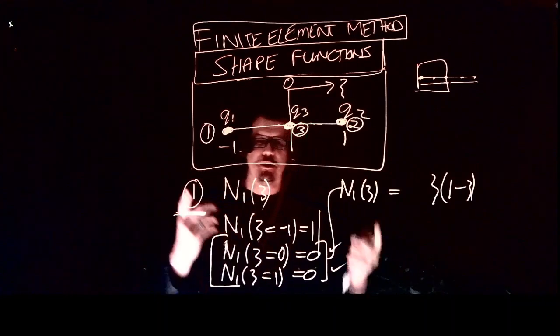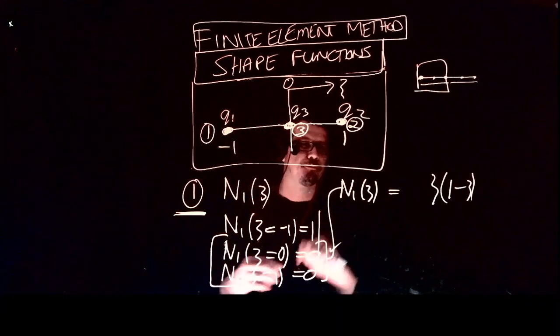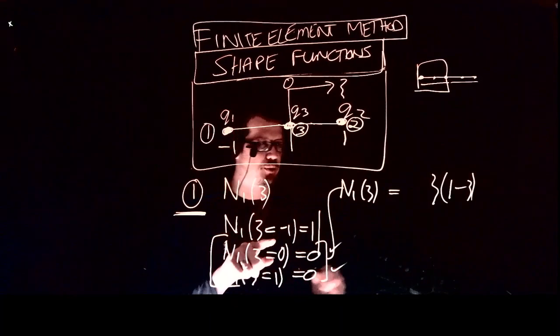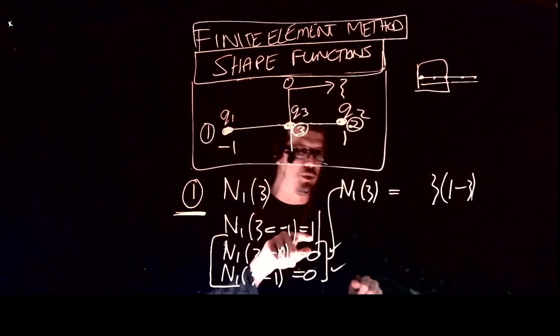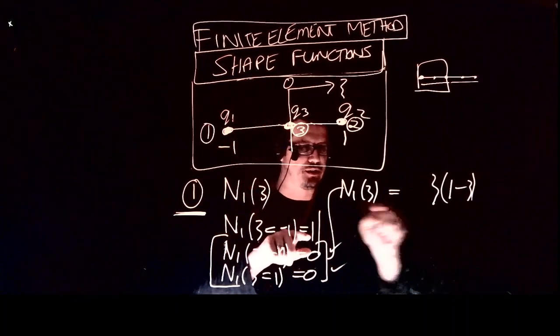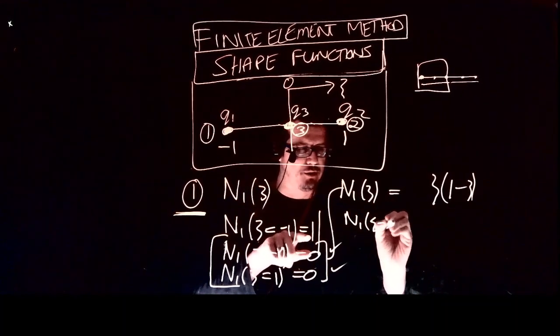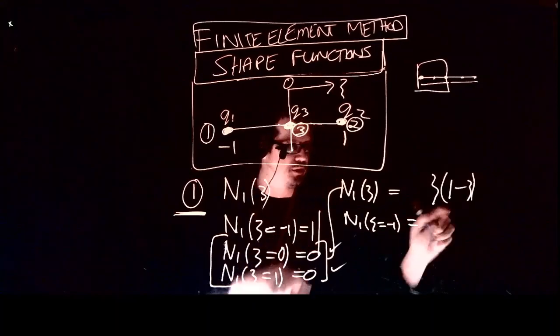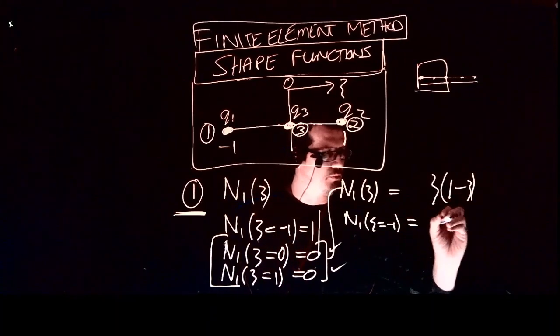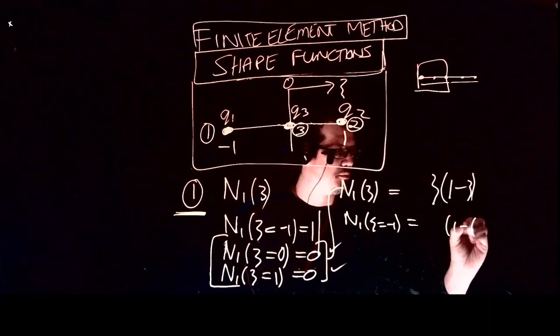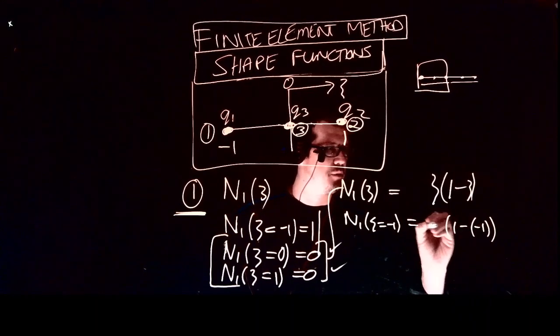Okay, more importantly, N1, if I evaluate now at psi equals minus 1, it needs to evaluate to a 1. But what does it do if I evaluate this at this stage at psi minus 1? So let's say N1 at psi equals minus 1. At the moment, it evaluates to 1 minus (minus 1), okay, multiplied by minus 1.